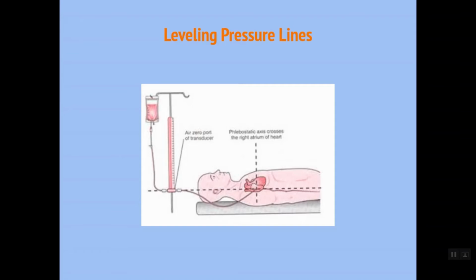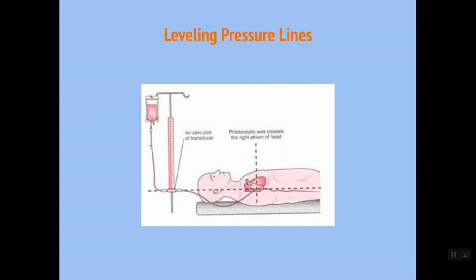A little trick that I use is that I always lower the bed all the way and put the head of bed at 30 degrees. That way, if X-ray or a doctor or another nurse comes in the room and changes the bed in any which way, I can always lower the bed and put the head of bed at 30 degrees, and that's going to be the place at which my CVP is leveled.